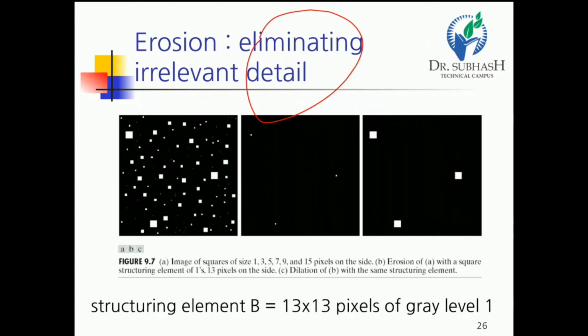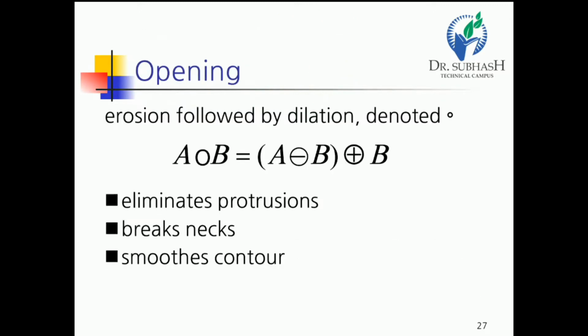In figure B, there is an erosion of A with a square structuring element of 13 pixels on a side, and in figure C, there is a dilation of figure B with the same structuring element. The structuring element B can be 13 by 13 pixels of gray level 1.